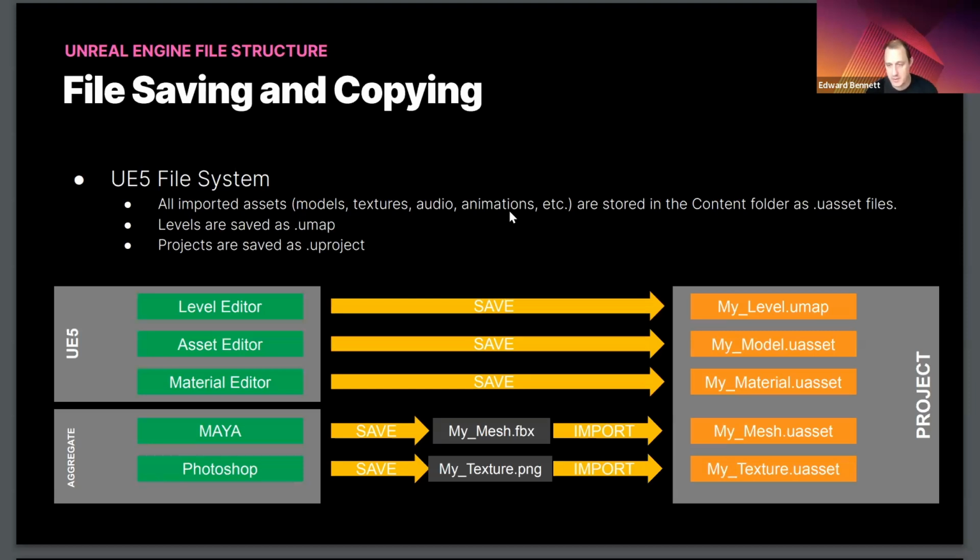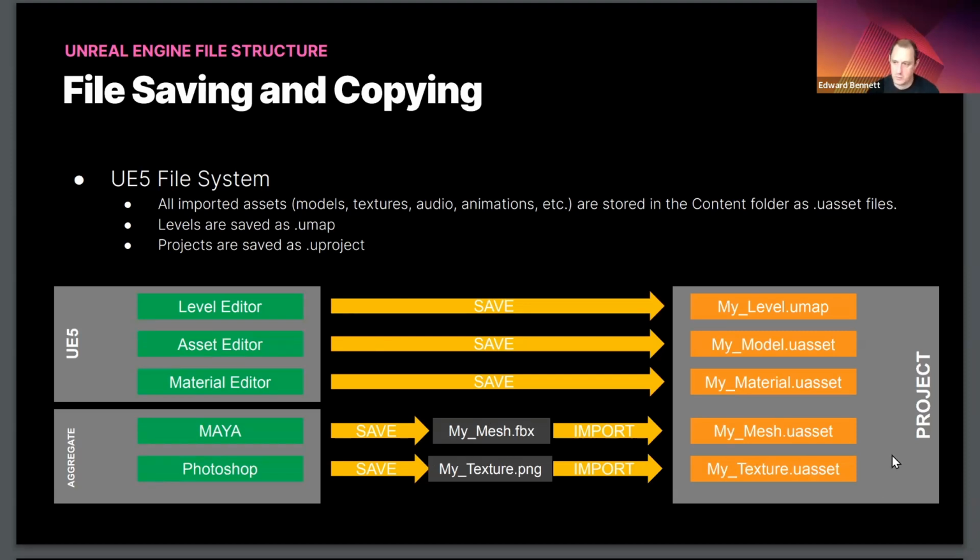For example, if we're saving a level, it will be converted into a .umap, and I know there are some other exceptions, but pretty much everything else is going to be using the .uasset file type. So, for example, if I was to come from Maya, I would import an FBX, and it would save as my mesh underscore .uasset.